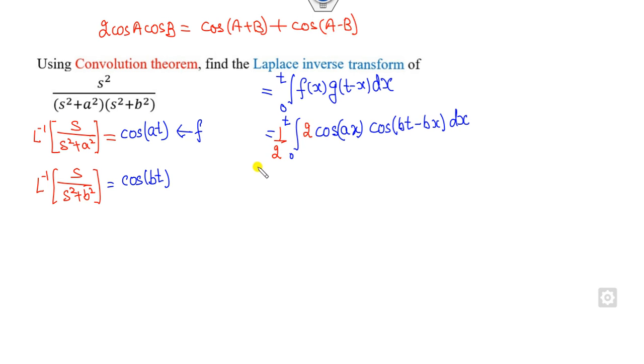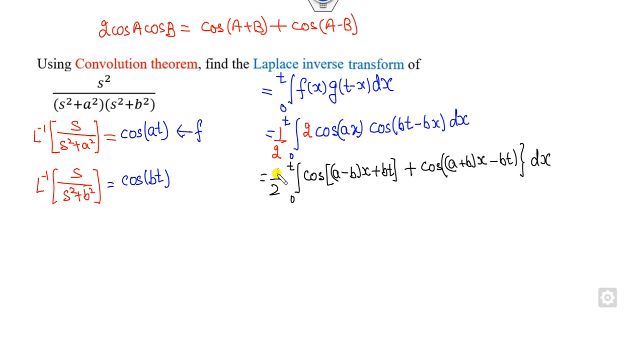So I can open this bracket: 1 over 2, integration 0 to t, cos of a plus b, taking ax, a minus b, x common, plus cos of a minus b, so a plus bx minus bt, into dx.